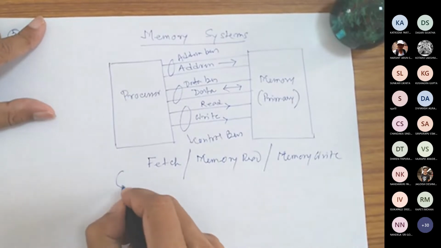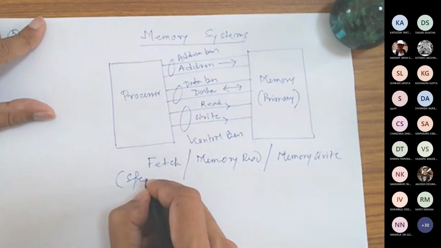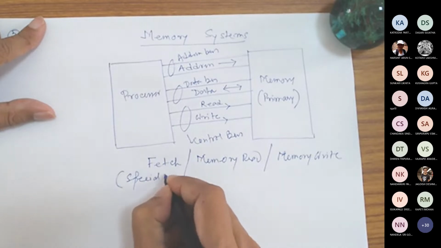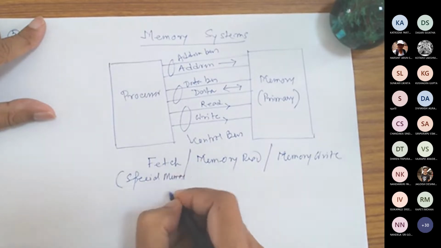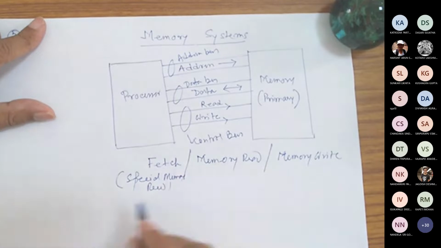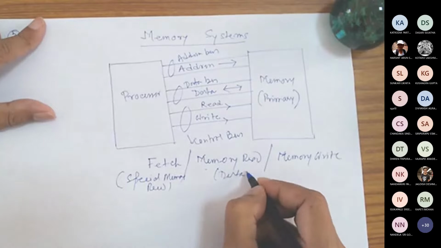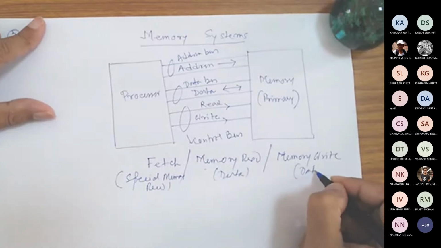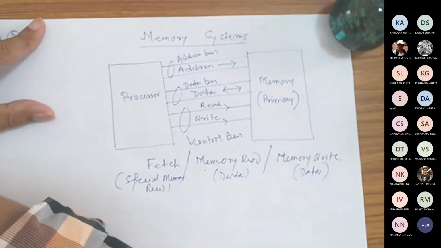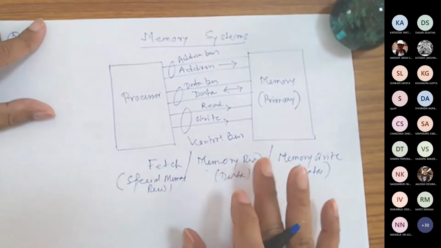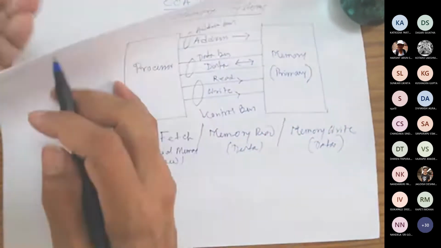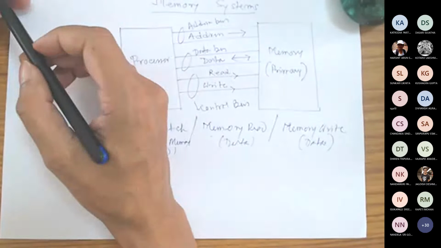Fetch is a special read, a special memory read, whereas memory read is basically data read. Memory write is data write. These three are the memory related stages.